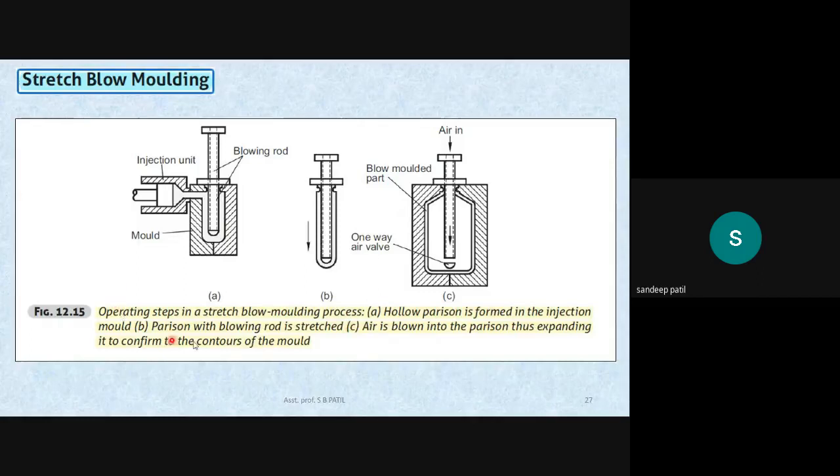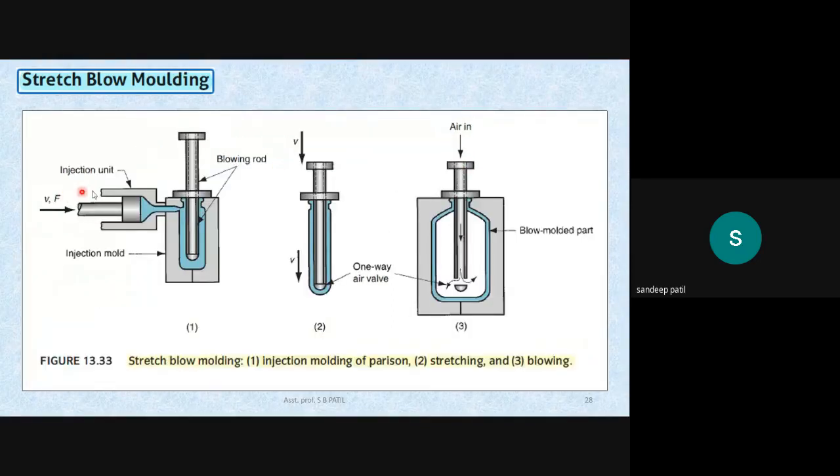So this process is an additional step. Whatever parison or preform is injected into this particular blow unit gets stretched by mechanical means. Some plastic material is injected into this, and then by some mechanical means it is pulled or stretched inside the blow mold, and then air is blown, and the rest is the blow molding process.